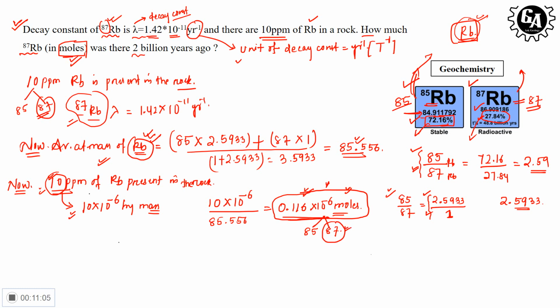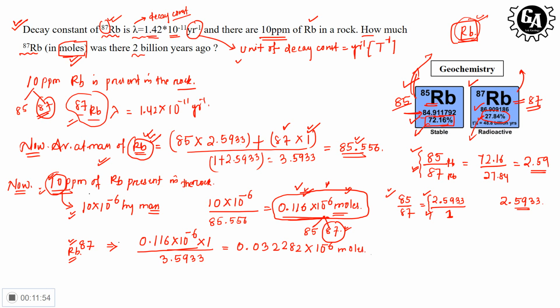So rubidium-87 present in this is 0.116 into 10 to the power minus 6 divided by the total, into the 87 abundance, which is 1, divided by 3.5933, which is equal to 0.032282 into 10 to the power minus 6 moles.